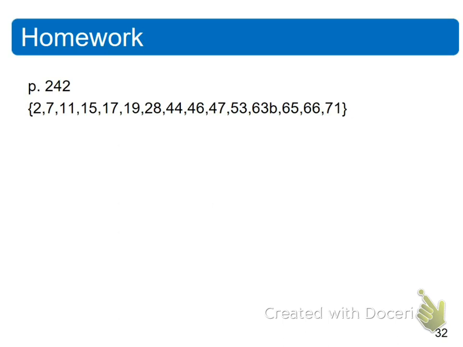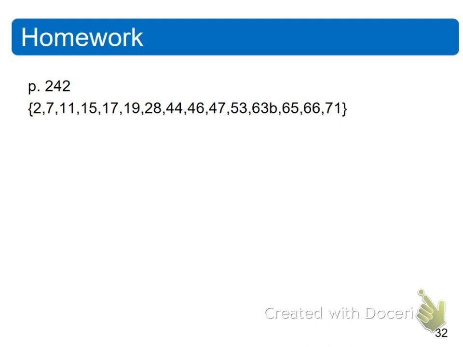Where else? Here at F. Derivative is 0. Where else? Hey, this is undefined. This is undefined. Would you all agree? So critical point at H. Now, look at this.